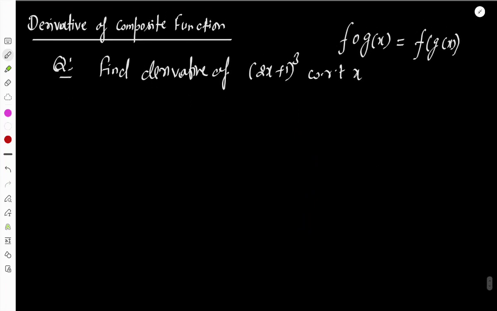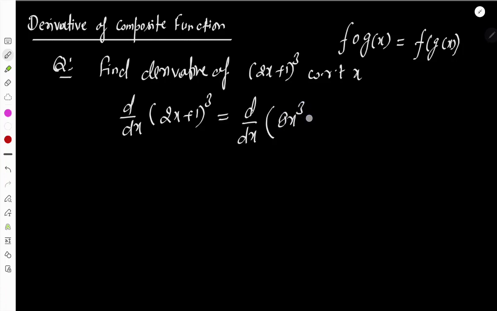You will say, sir, with respect to x a derivative means I need to find dy/dx of (2x plus 1) whole cube. Someone will say, sir, it is a cube, then open it. I will say no problem. dy/dx: (2x) whole cube means 8x cube, then b cube means 1, plus 3a square b means 3 times 4x square into 1, that is 12x square, plus 3ab square means 6x.